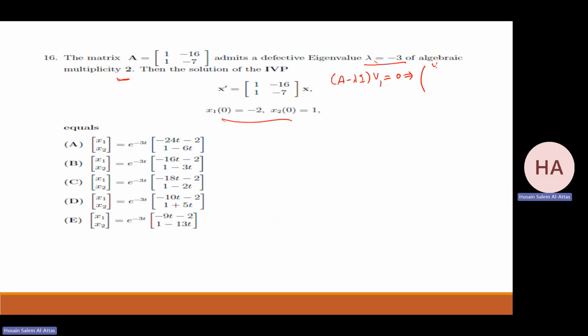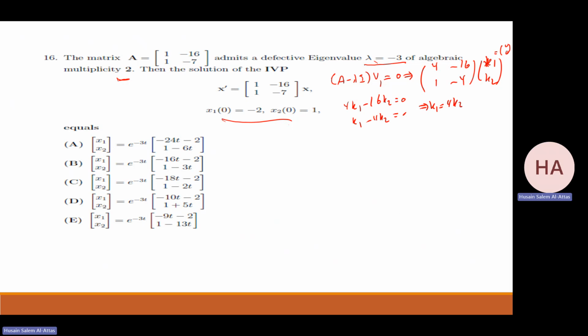That will be 4, minus 16, 1, minus 4. So I have 4k1 minus 16k2 equals 0, and k1 minus 4k2 equals 0, which is very clear, k1 equals 4k2.